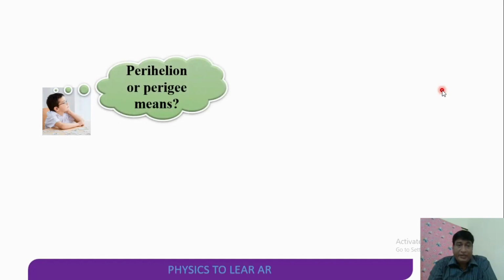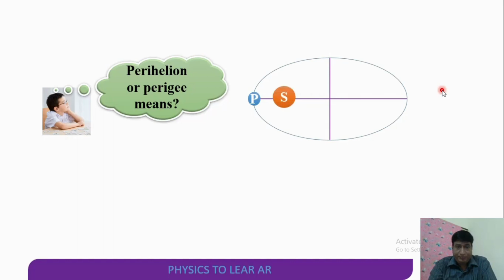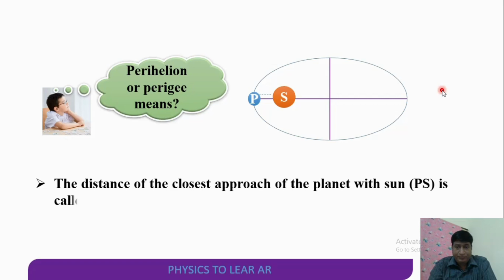Perihelion means the distance of closest approach of the planet to the sun, PS, which you can see in the diagram, is called perihelion.